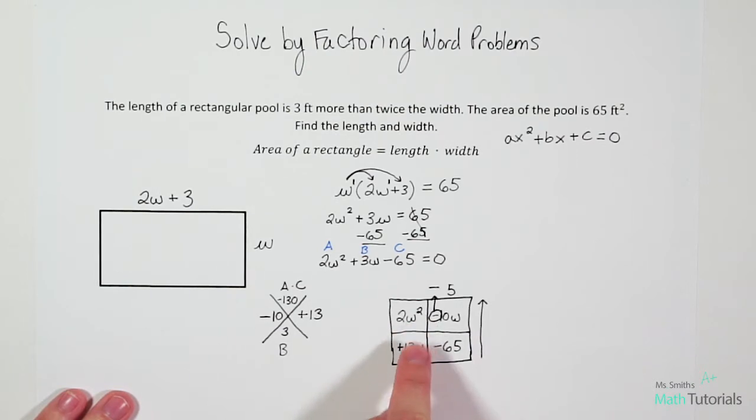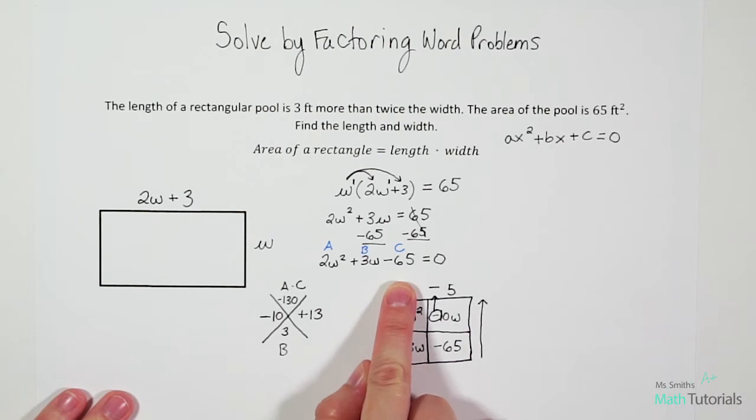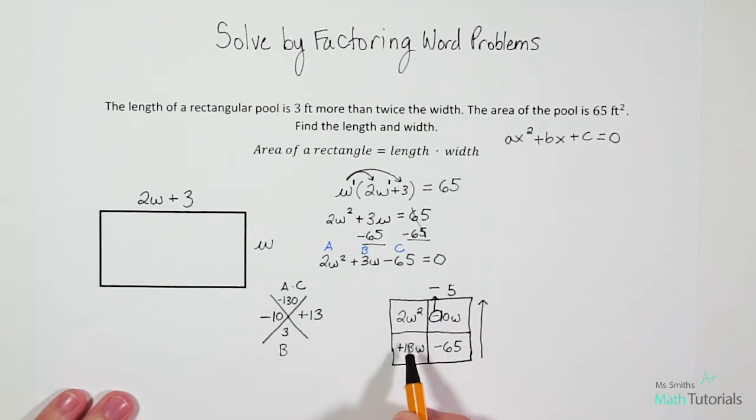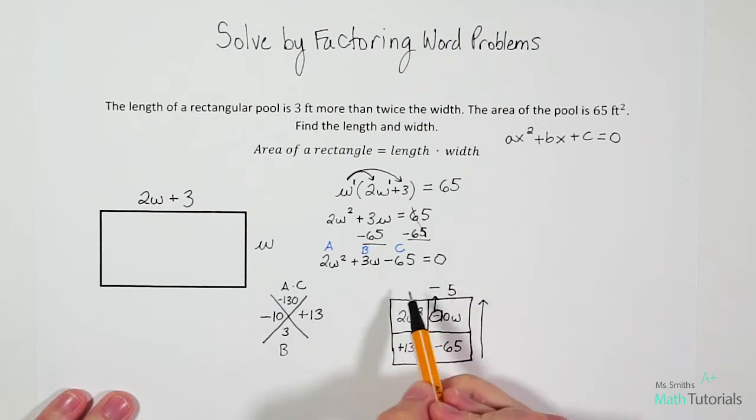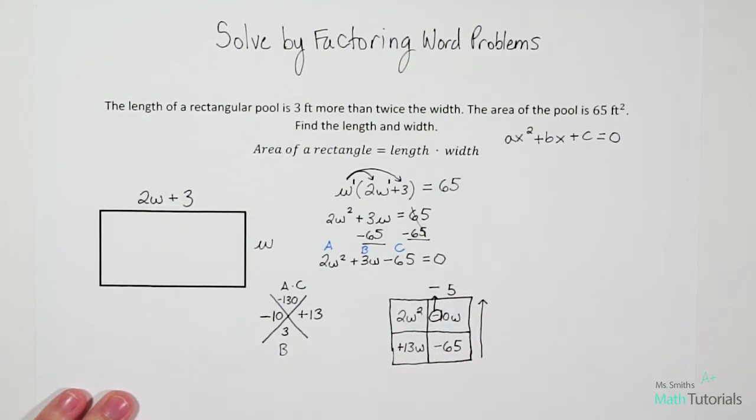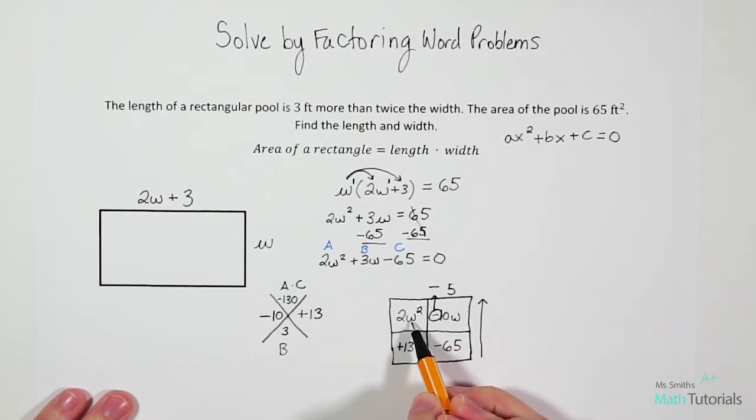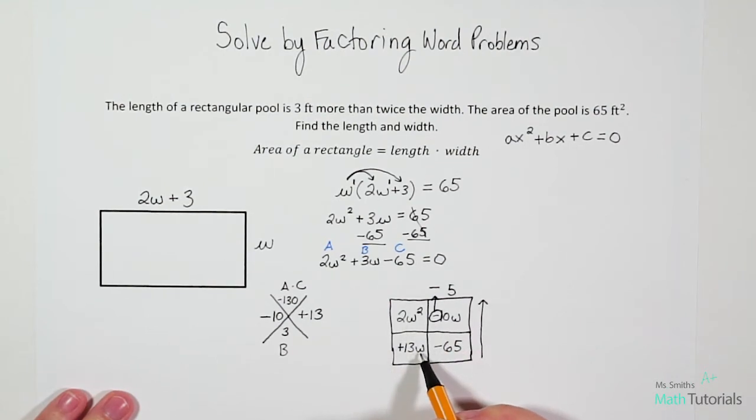2W squared and +13W, so we're factoring our GCF out. Between 2 and 13, there is not any GCF other than 1. So I could write a 1 here, but let's see if there's anything else. We've got a W squared and a W. So remember, they both have to have at least one W, which they do, and they both have to give me the same amount.